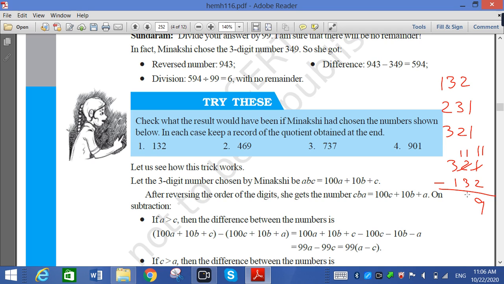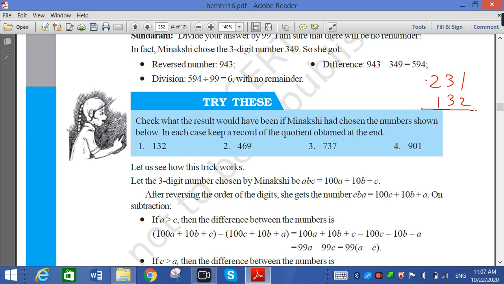Again 11 minus 3, that is 8. If we see something is a mistake we are doing, again we have to do it. The question is, you have to take 132, so 231 and 132.